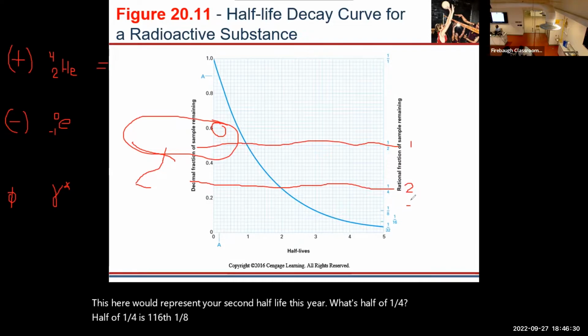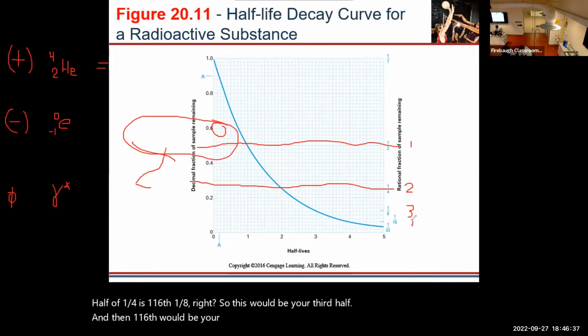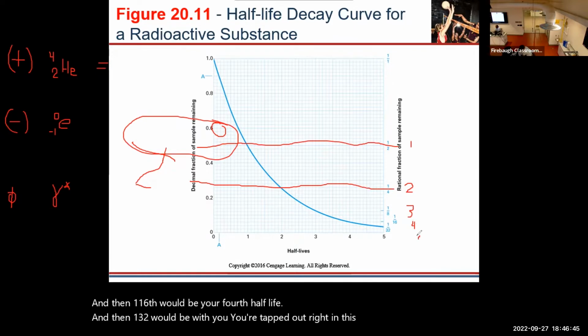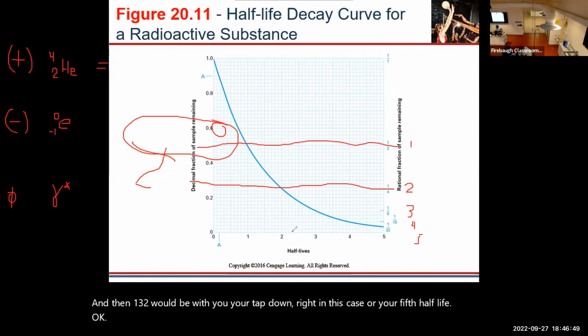So this would be the third. And then 1/16 would be the fourth half-life. And then 1/32 would be the fifth. So that's 1 half-life, 2 half-lives, 3 half-lives, 4 half-lives, after.